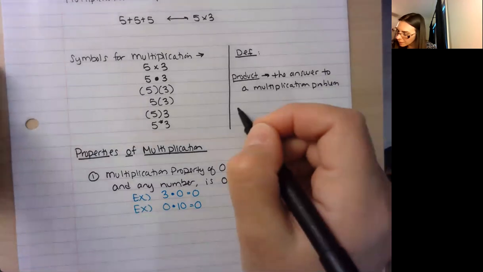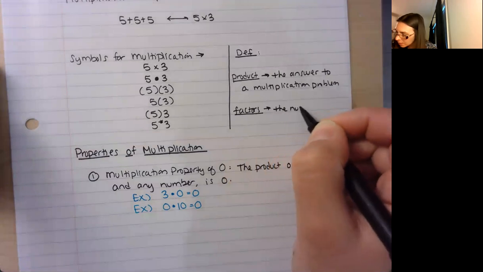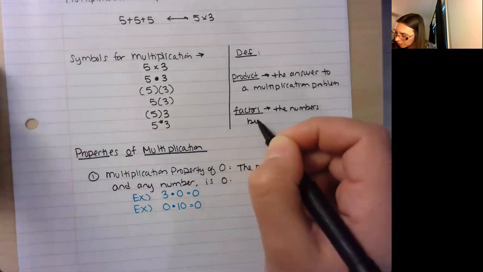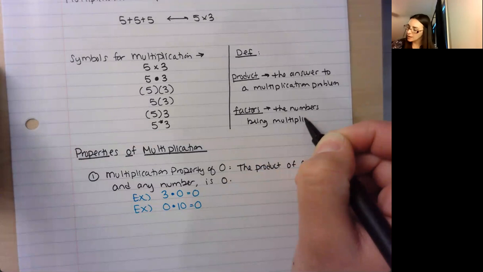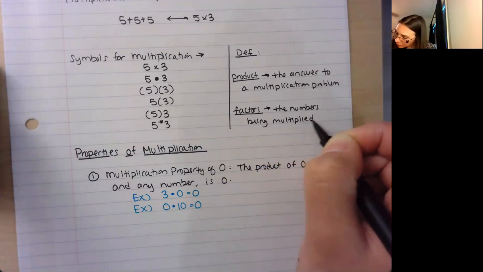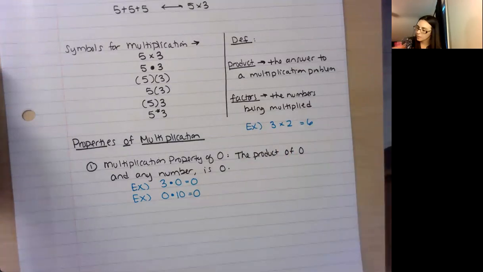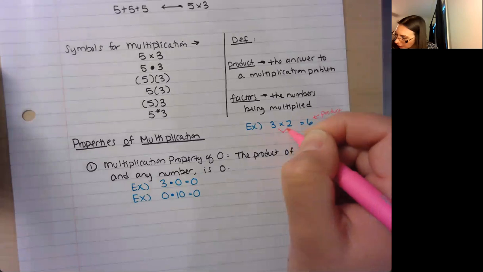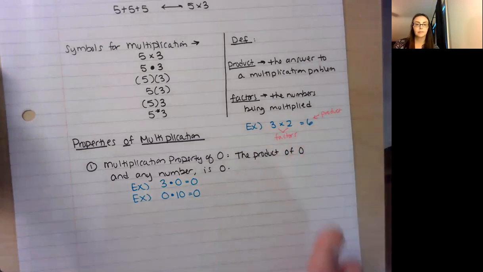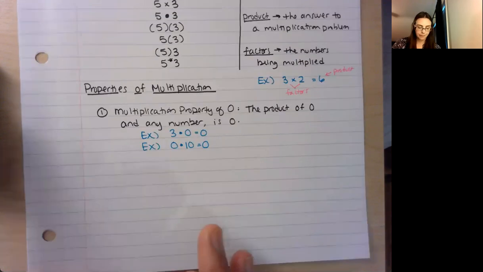We also have the term factors, and these are the numbers being multiplied. So for instance, if you had an example, something like 3 times 2 equals 6. 6 is our product, and 3 and 2 are our factors. Okay, so that word product just means the answer to a multiplication problem.